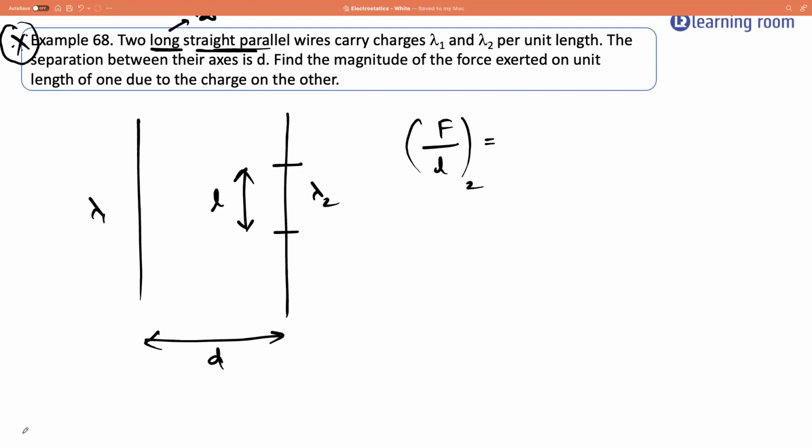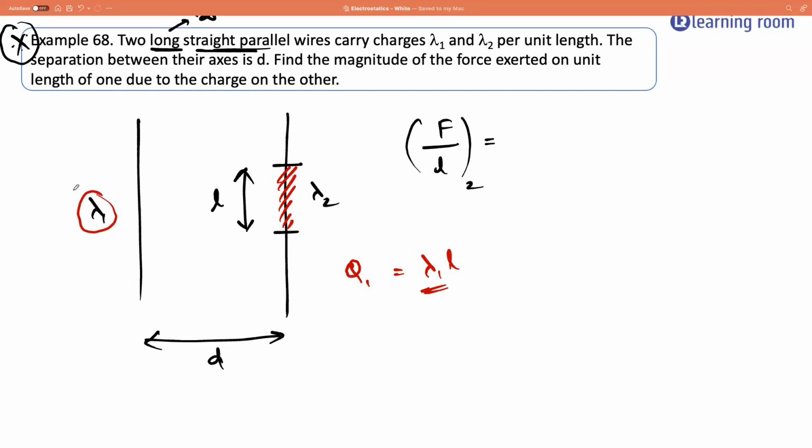For that, anybody who can give me an idea of how to proceed? Or we can take Q1 as lambda 1 into L. Sir, L. Okay, so you want to take Q1 equal to lambda 1 into L. So lambda 1 is this side.